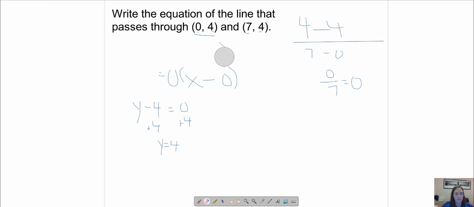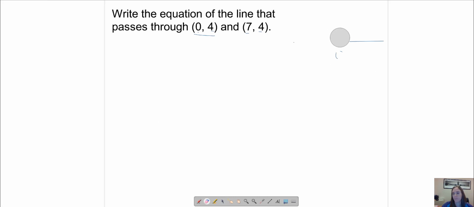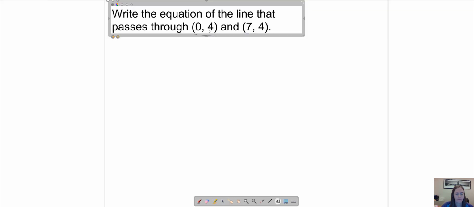Now, let me just show you the same thing with an equation that's not going to give you a horizontal line. So we'll go ahead and change this point here. I'm going to make this be 3 and this be 2.